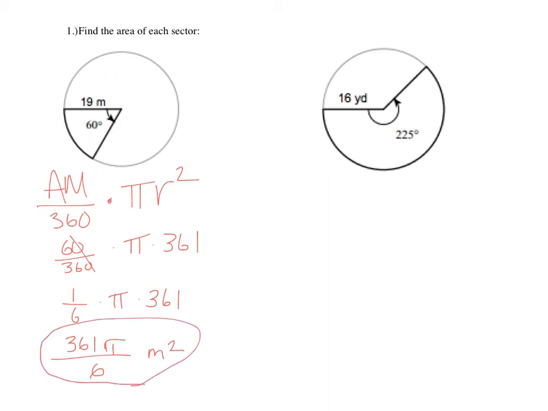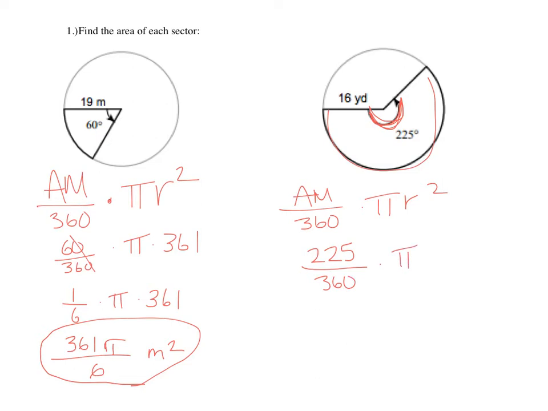Okay, the second one, again, we have arc measure over 360 times pi r squared. The arc measure here is sort of the larger side. We have the major angle on this side with the major arc. And so we're looking at 225 over 360 times pi, and 16 squared is 256.